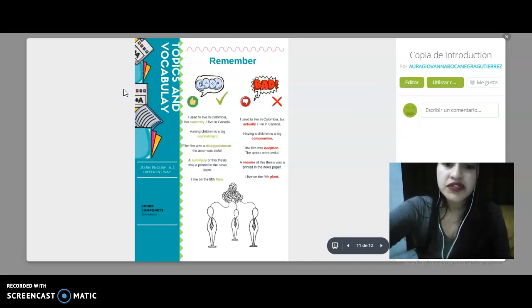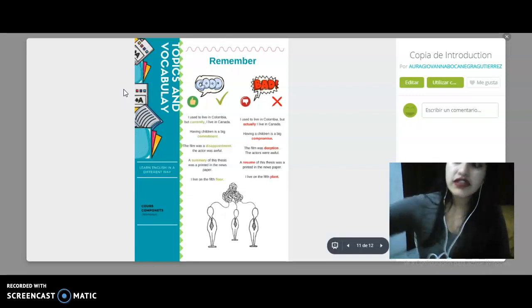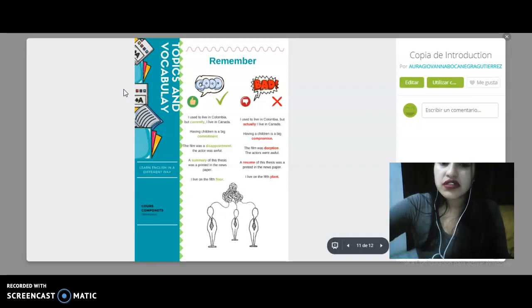Students will work on their interpersonal abilities and on how to put them into practice in a real situation, not just in the class. That is very important, to use these kinds of activities to improve their autonomy and the learning processes in this case.